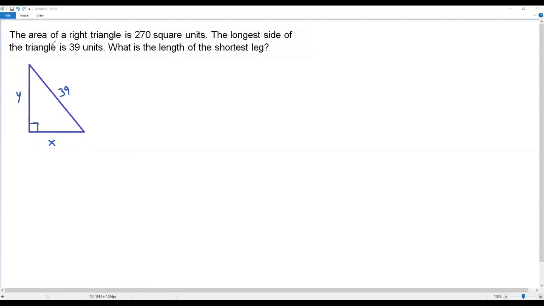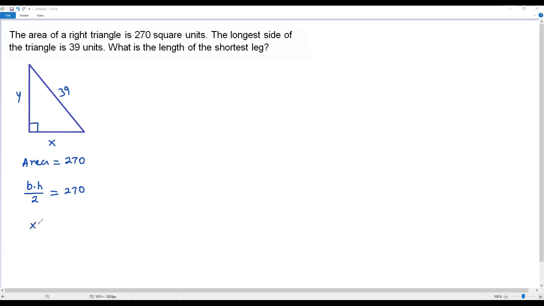The question says the area of this right triangle is 270 square units. Let me write that: area equals 270 square units. We know the formula to find the area of a triangle, that is base times height divided by 2, so equals 270. The base is given by this leg, that is x, and the height is given by this leg, that is y. So we can plug in x for b and y for height h.